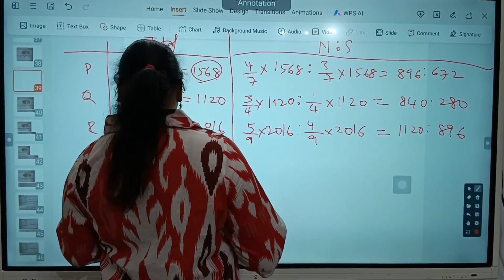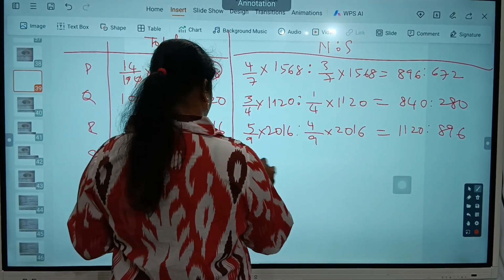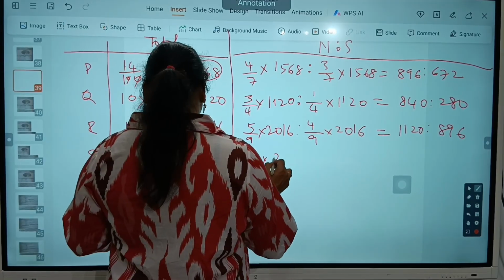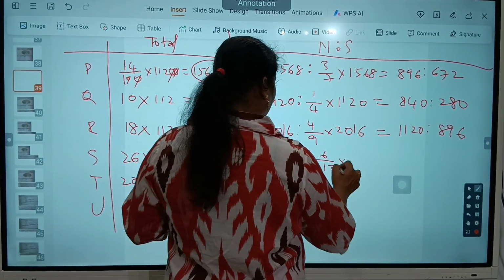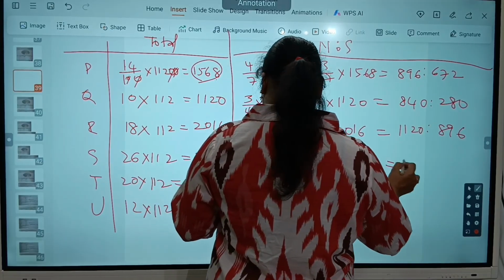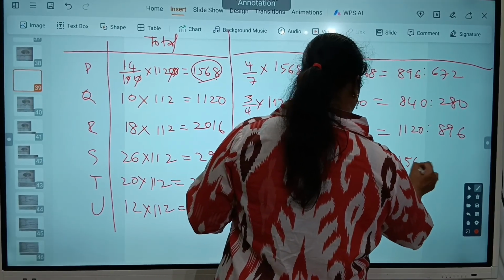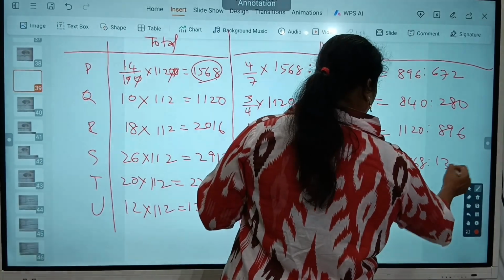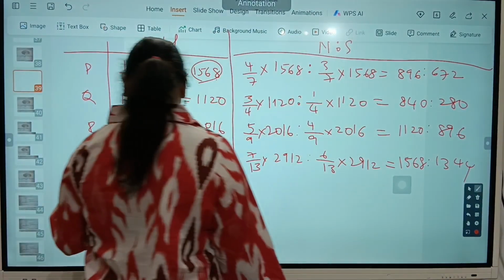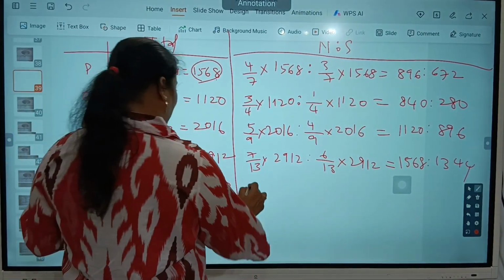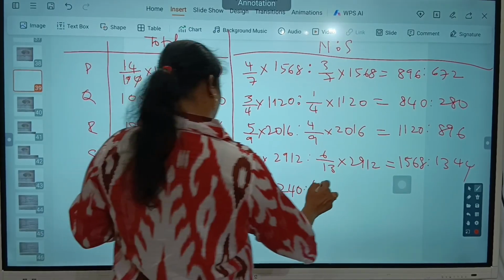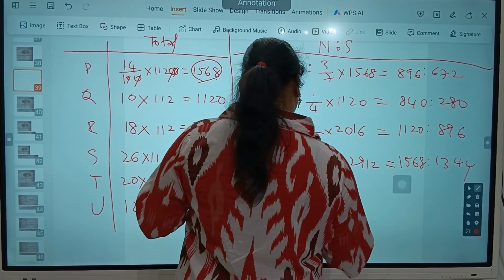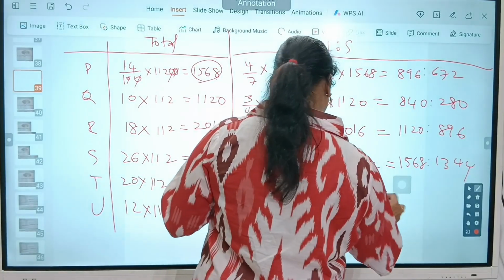And in the fourth case, the S case, it is 7 by 13 into 2912 is to 6 by 13 into 2912. This equals 1568 is to 1344. And in the fifth case, 1 by 5 into 2240 is to 4 by 5 into 2240.